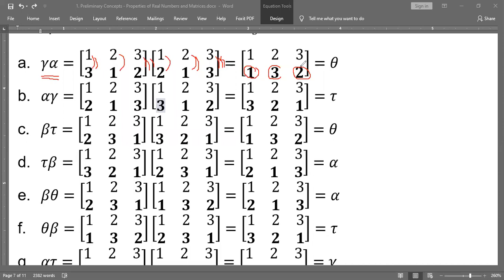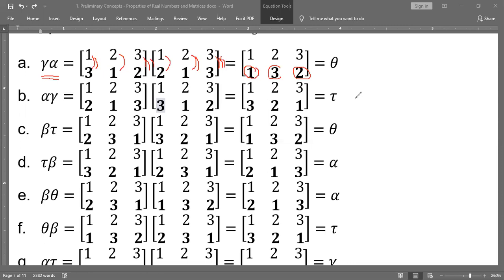Okay siya, no? And kung mapapansin nyo, all of the products ng permutation natin from epsilon, alpha, gamma, theta, beta, and tau also belong to the sixth arrangement.